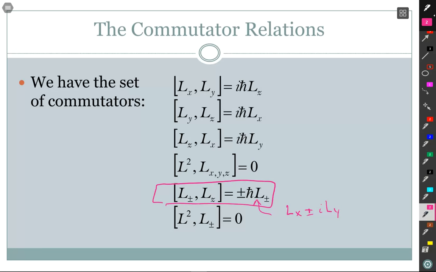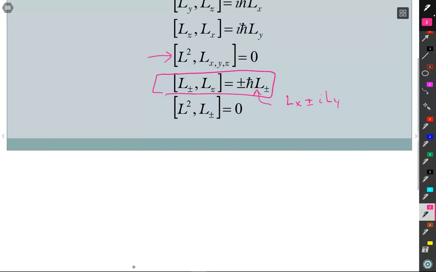Now, what we did not do is the L squared commutators. And so we probably should do that. So what is L squared? Also written as L dot L. If I do a dot product, what am I multiplying together?